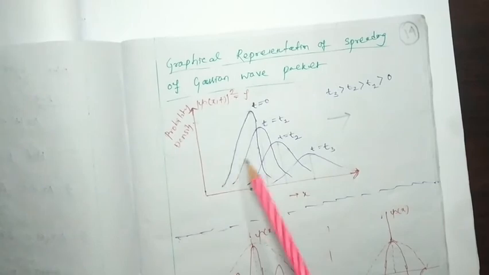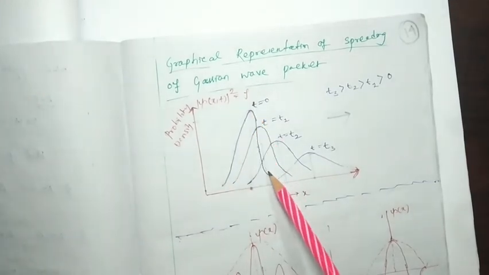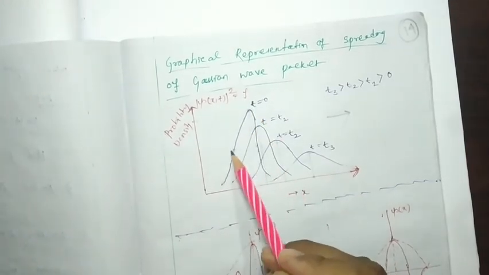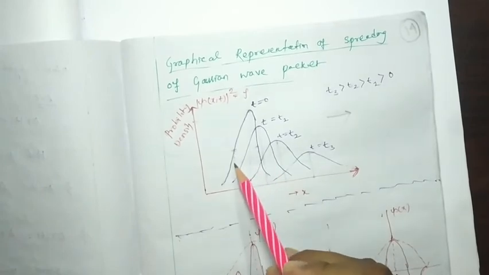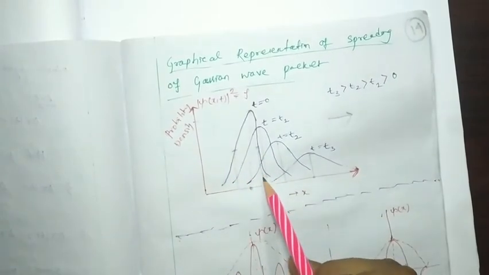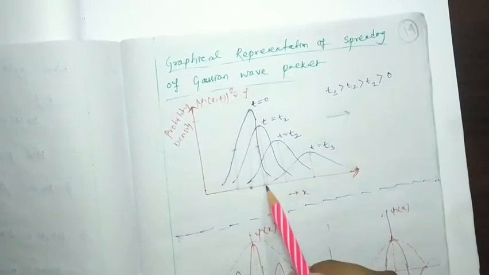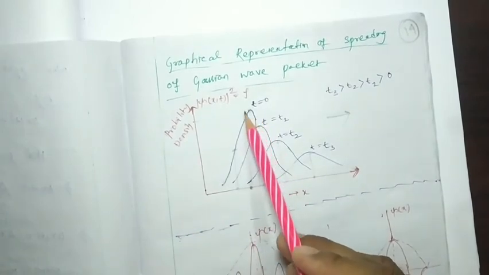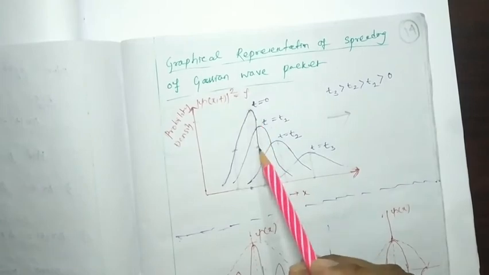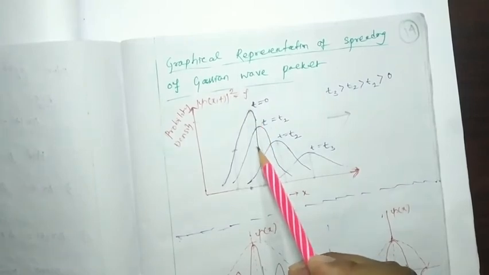Suppose this first peak, and this point and this point represent where the peak value is reduced to 37%.